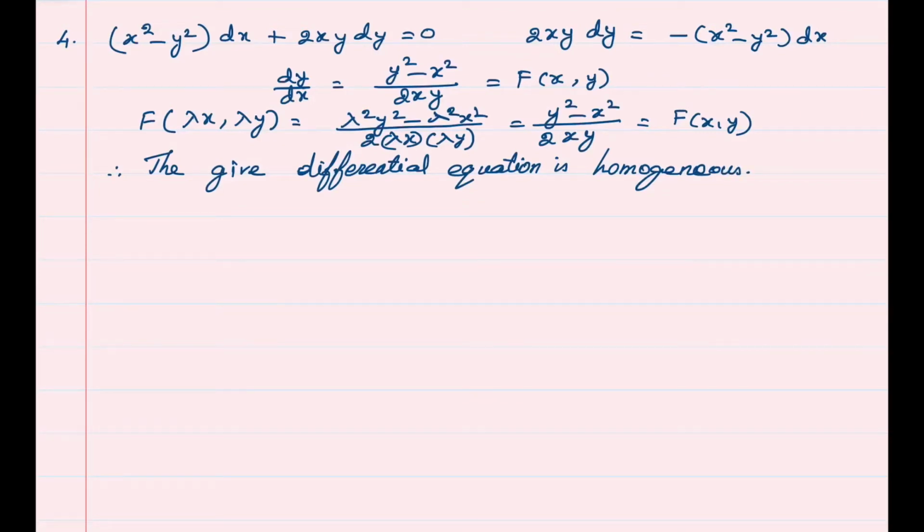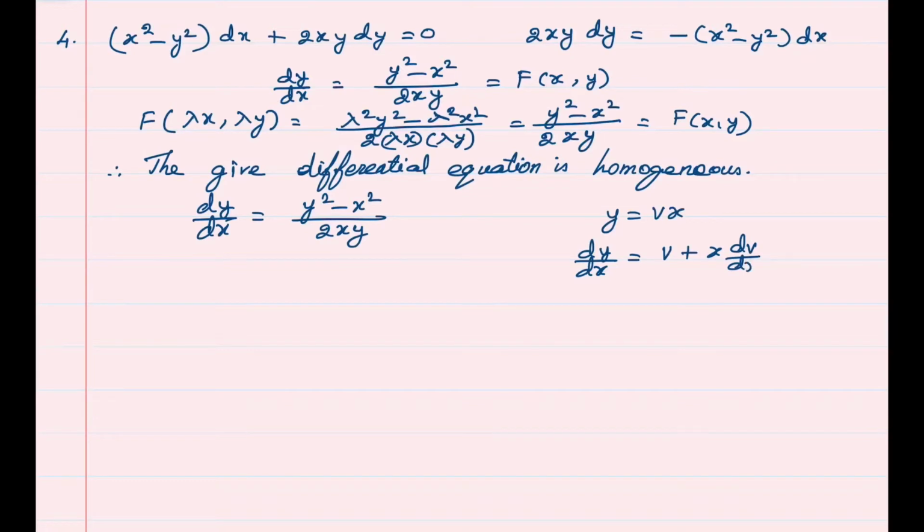Now we have to solve this equation. dy by dx is (y square minus x square) divided by 2xy. We will substitute y as vx, differentiating both sides with respect to x. dy by dx is, using product rule, v plus x dv by dx.